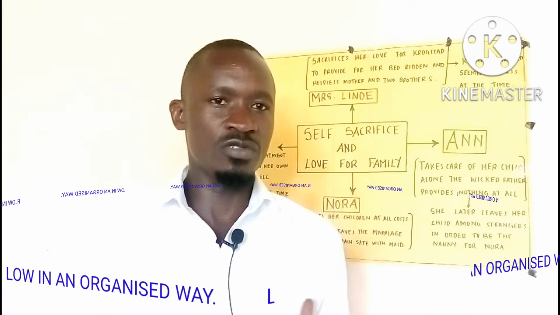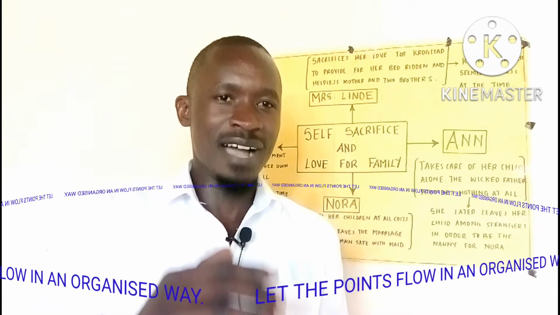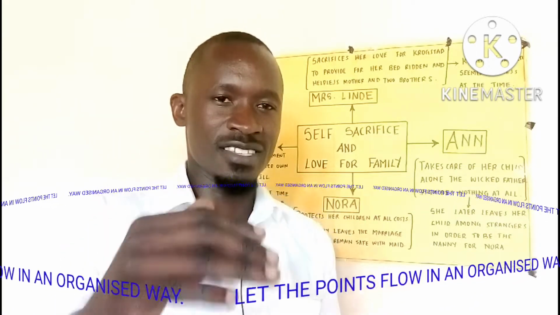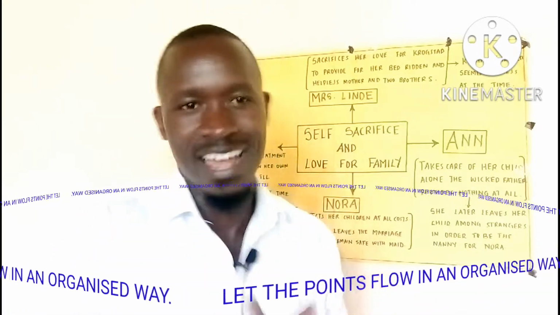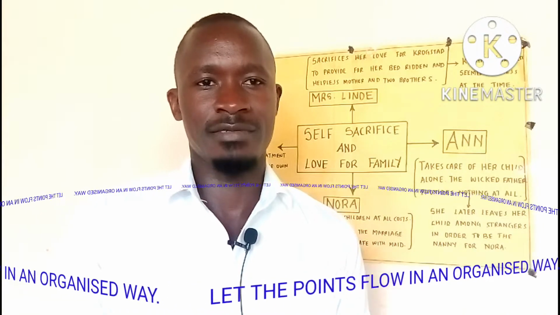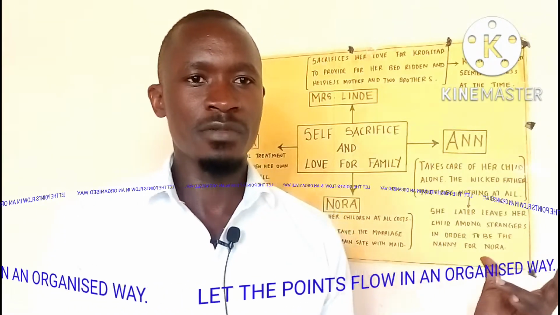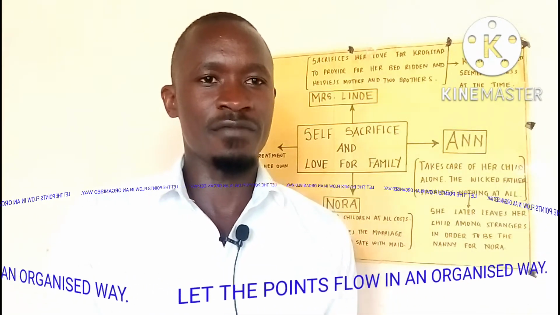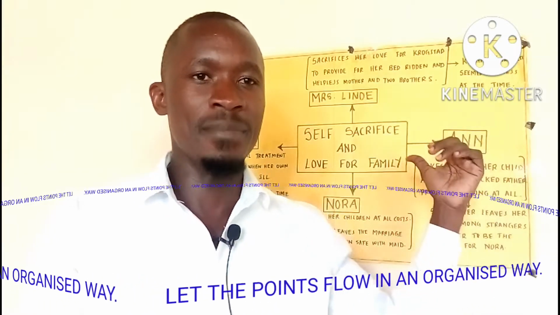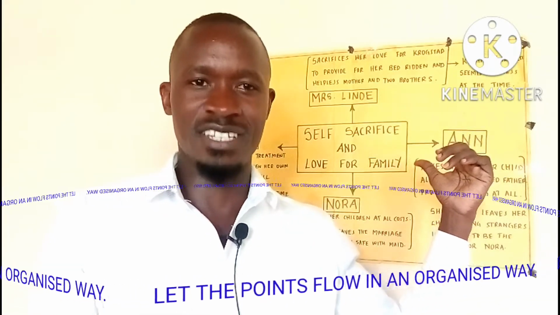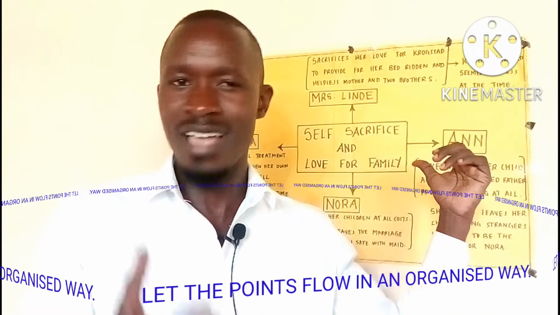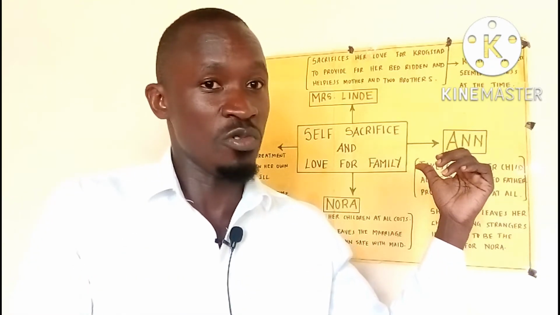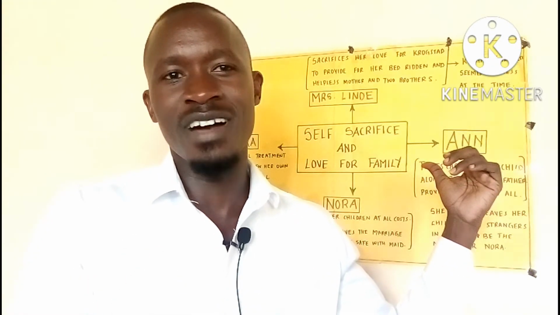This helps the student to build background information by focusing on a particular point until it is exhausted. For example, we can look at self-sacrifice from the perspective of Mrs. Linde. What does she sacrifice? When does she sacrifice? How? Why? And to who? And what are the results of her sacrifice?